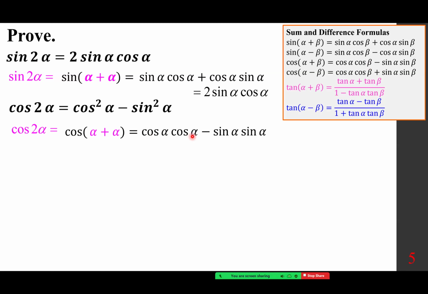So that makes it cosine squared alpha minus sine squared alpha.